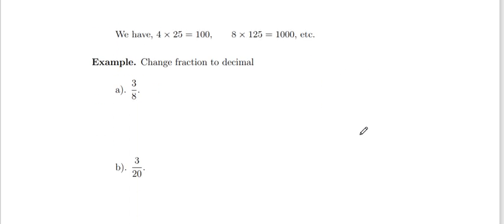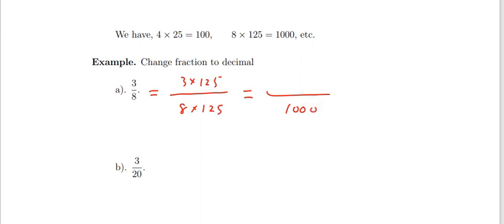For those problems we can easily change the fraction to a decimal, like 3 over 8: we multiply by 125, so the denominator becomes 1000, and the numerator 3 times 125 gives 375. So 3 over 8 equals 0.375.